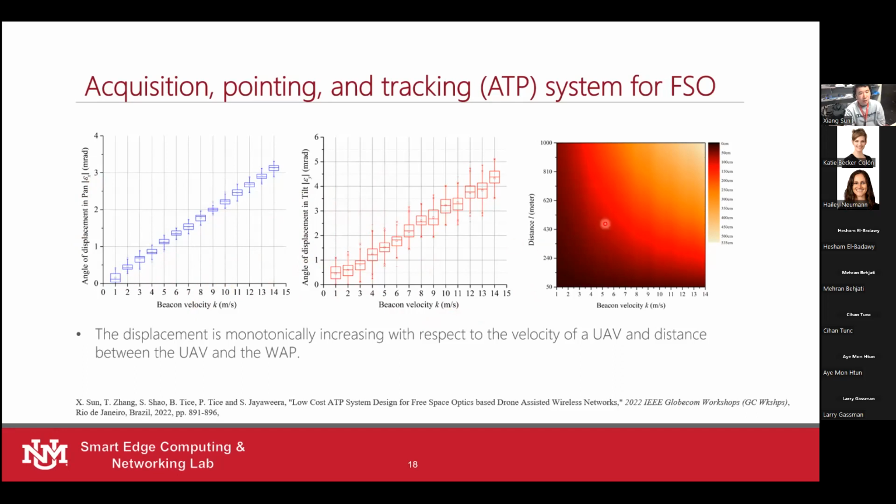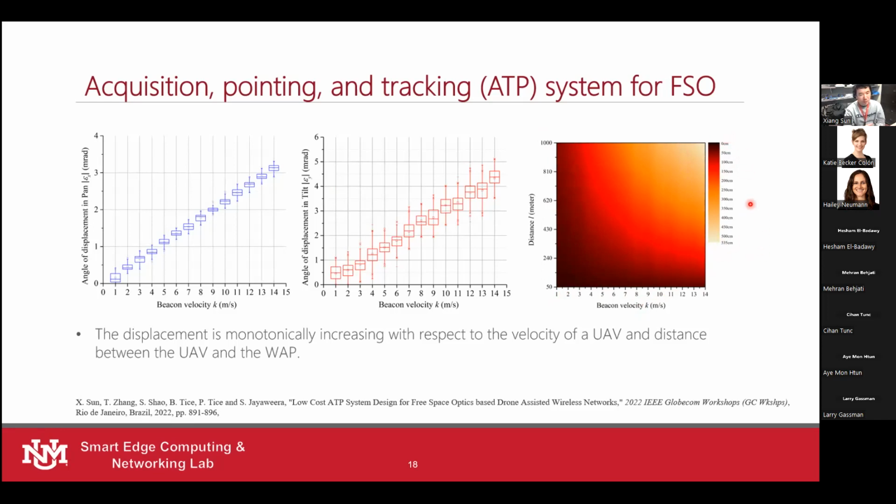This last figure shows the average displacement between the center of the optical beam and the center of the FSO receiver. The x-axis is the velocity, and the y-axis is the distance between the drone and the base station.